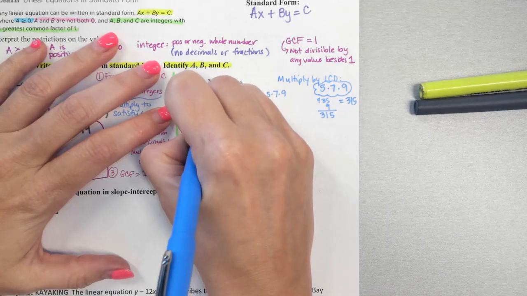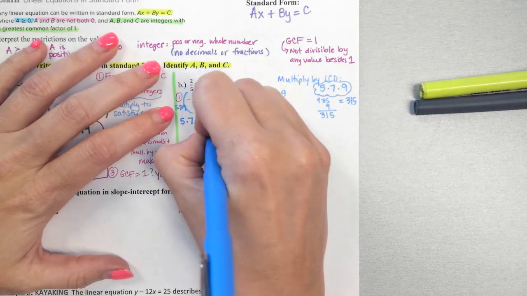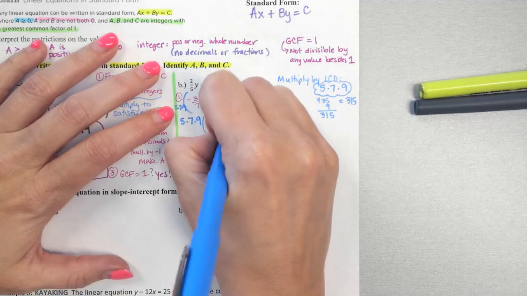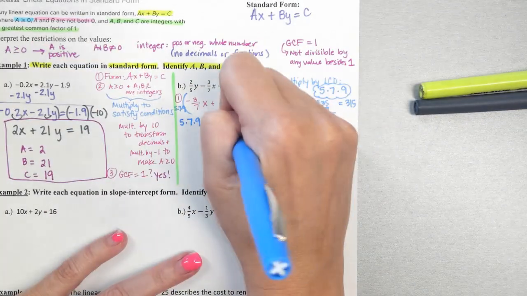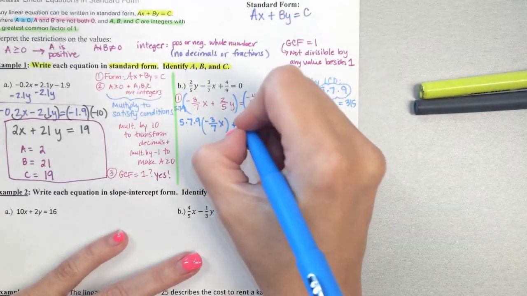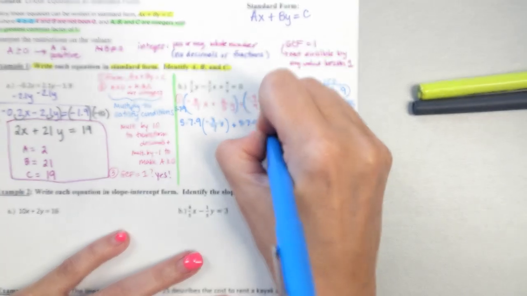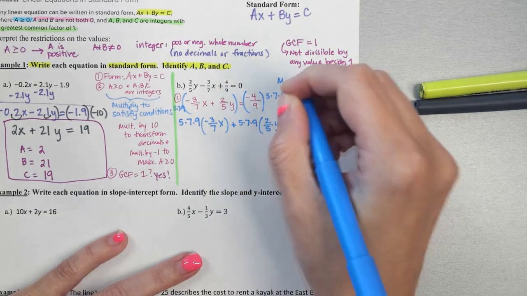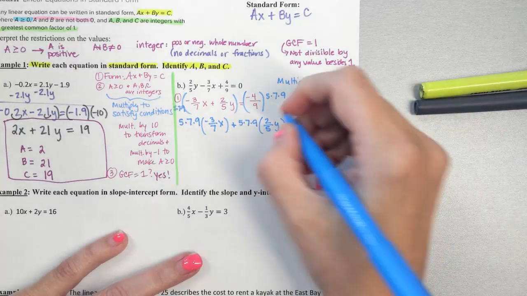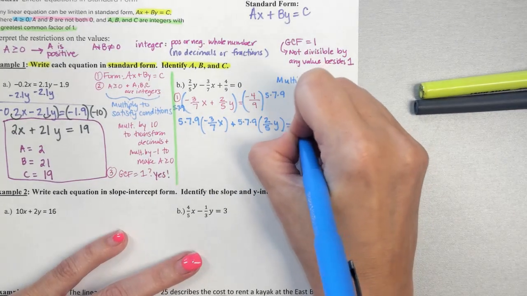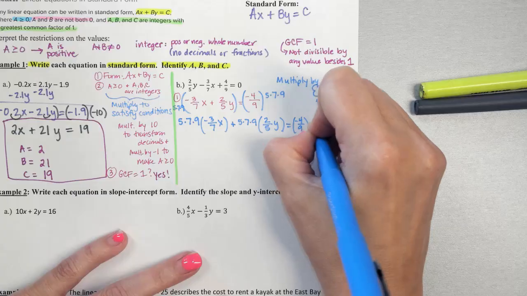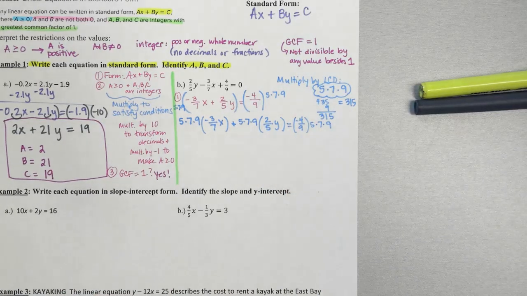So it's 5 times 7 times 9 times negative 3 over 7x. Will you just write this out with me, please? And then we're going to do 5 times 7 times 9 times 2/5 y. And then we're going to put exactly what I put there, negative 4/9, 5 times 7 times 9. I'm just going to give you a minute to write that out so you can all be listening for the next step.